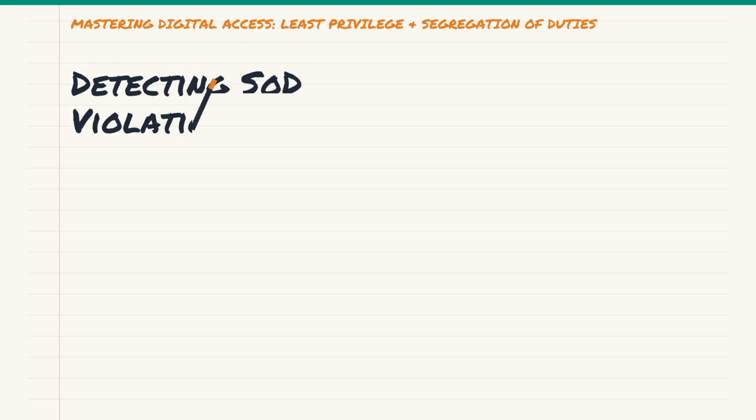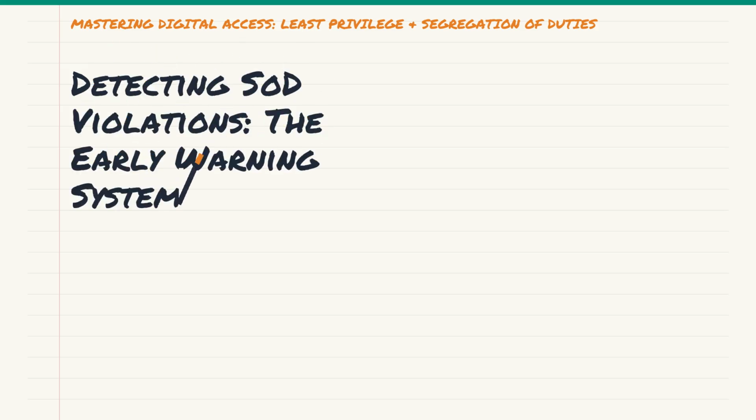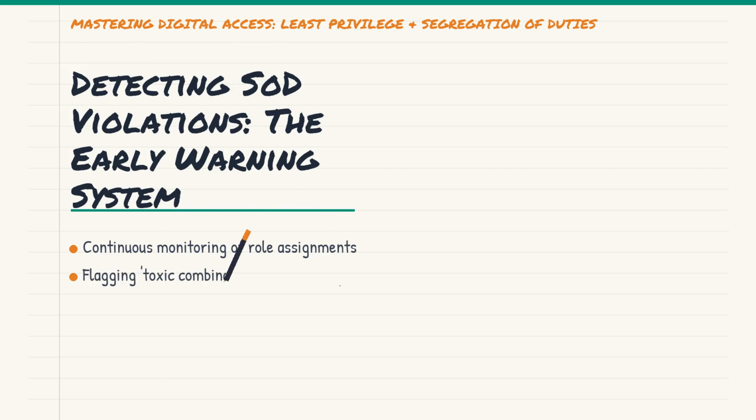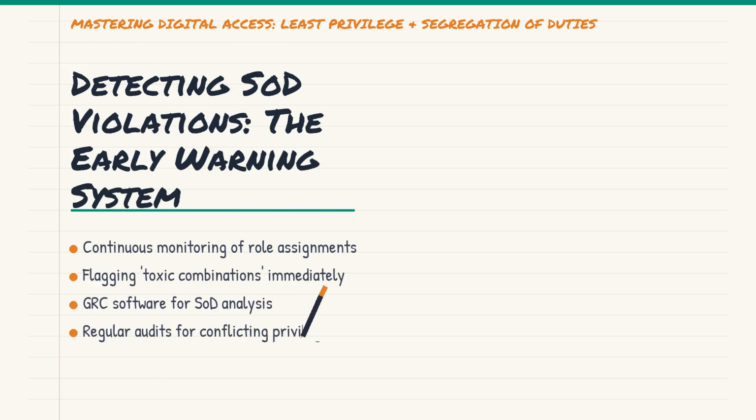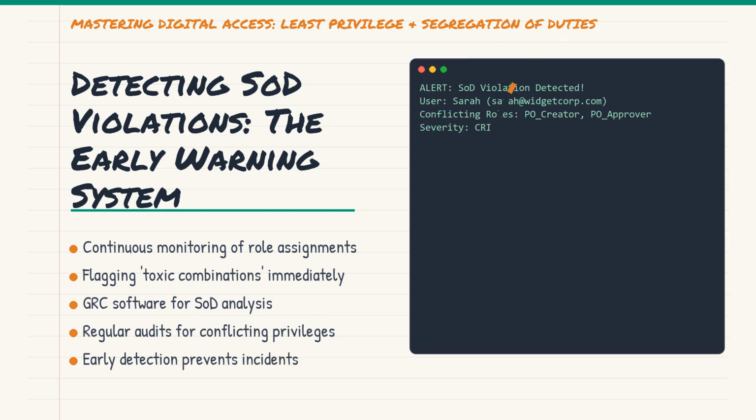Even with policies and controls, it's vital to have an early warning system for SOD violations. This involves continuous monitoring of user role assignments and changes. If Sarah somehow manages to get both PO_creator and PO_approver roles, the system should immediately flag this as a conflict.